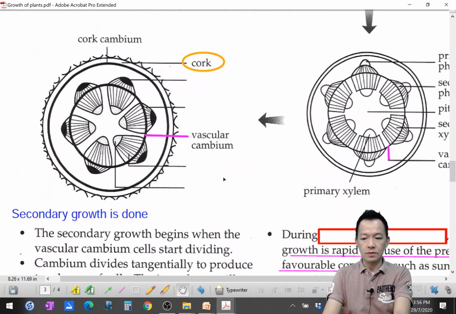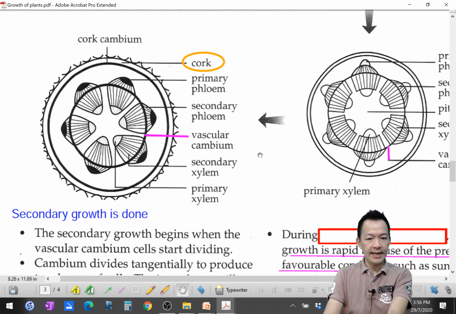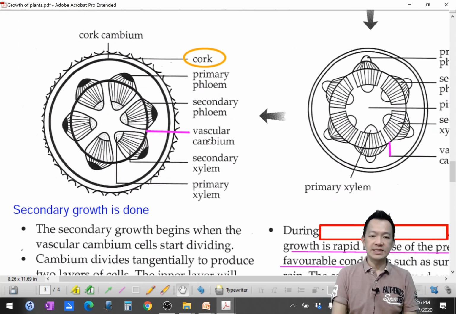This is the vascular cambium. This layer is the new secondary xylem tissue, and the old one is pushed inside. The secondary phloem tissue pushes the primary phloem tissue upwards. So this is what happened after the secondary growth.